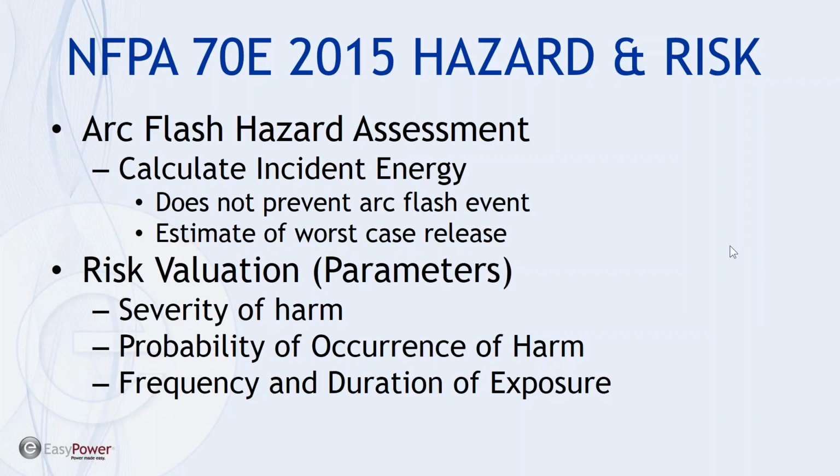And I say that with the 2015 version, there's a very in-depth suggestion that once the assessment's been made, you can analyze alternatives to deal with that. First of all, the assessment itself does not prevent an arc flash event. What it basically gives us is an estimate of the energy in a worst-case scenario if that arc were to happen at that location.